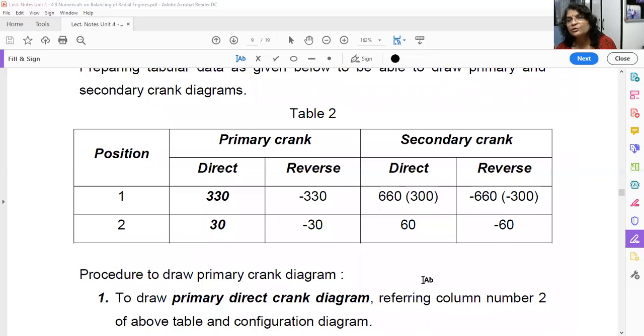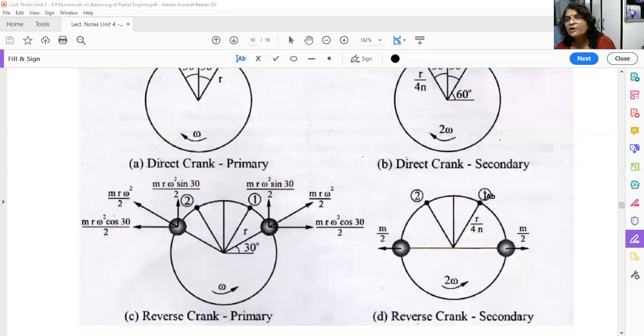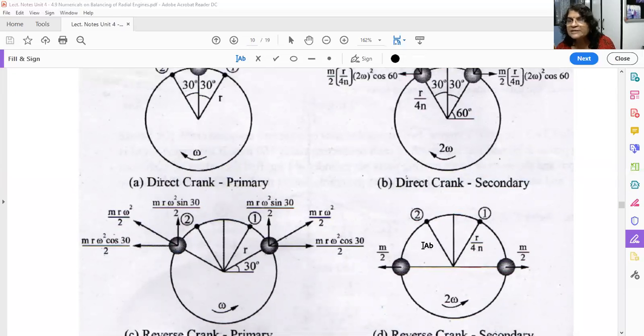Okay. So see, this is your cylinder number 1 line of stroke. You have to rotate it by 300 degree in the opposite, that is anti-clockwise direction. Okay. So this is 330, no? So 300 degree it will come here. Okay. So m by 2 will come here.